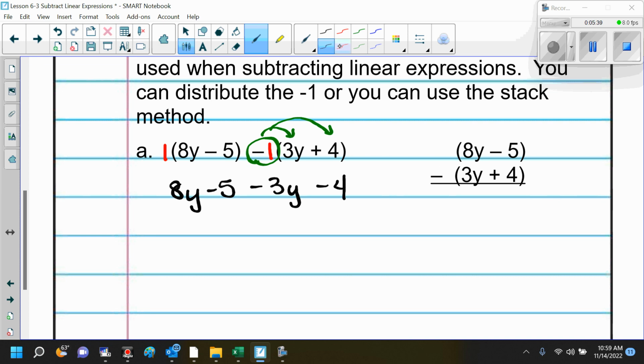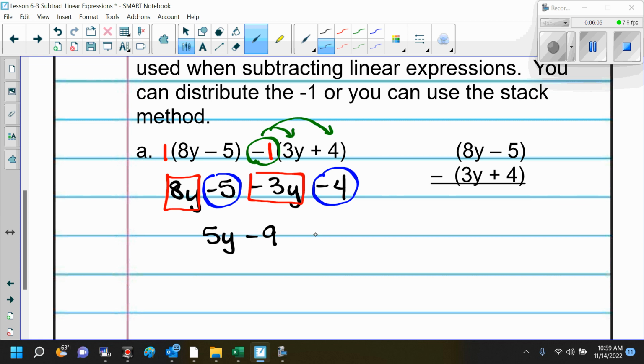Okay? So when we use our shapes, we've got an 8y and a negative 3y. We've got a negative 5 and a negative 4. So here, 8y minus 3y is 5y, and negative 5 plus a negative 4 is a negative 9.